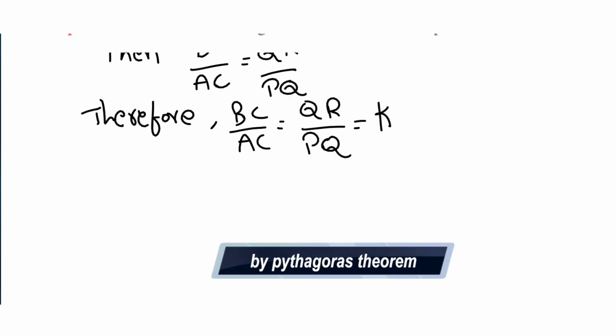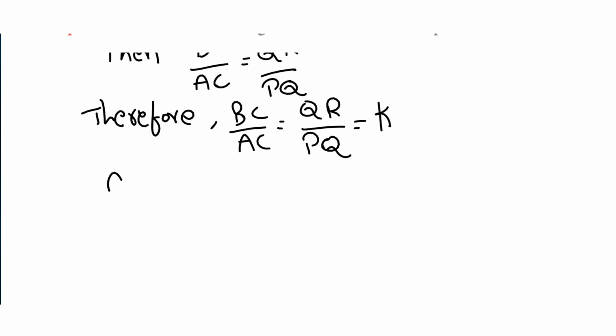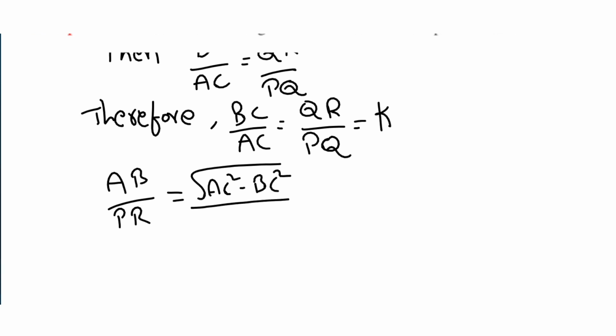By using the Pythagoras theorem, AB by PR equals square root of AC square minus BC square by square root of PQ square minus QR square.